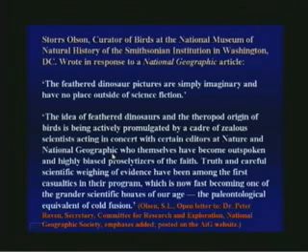So there seems to be an agenda in the scientific world, who themselves have become outspoken and highly biased proselytizers of the faith. Truth and careful scientific weighing of evidence have been among the first casualties in their program, which is now fast becoming one of the grander scientific hoaxes of our age, the paleontological equivalent of cold fusion.